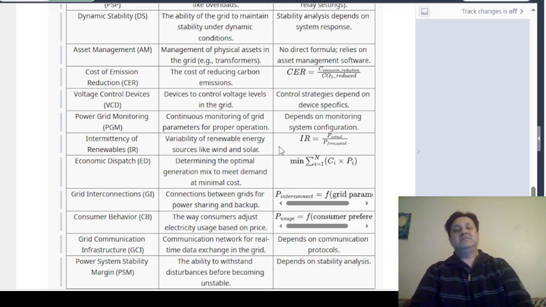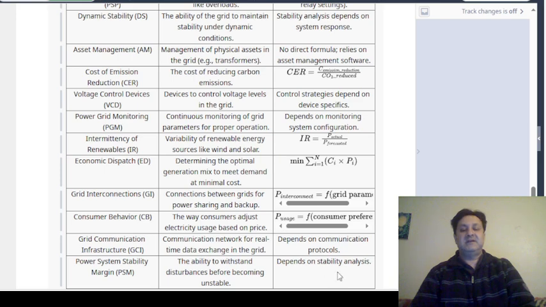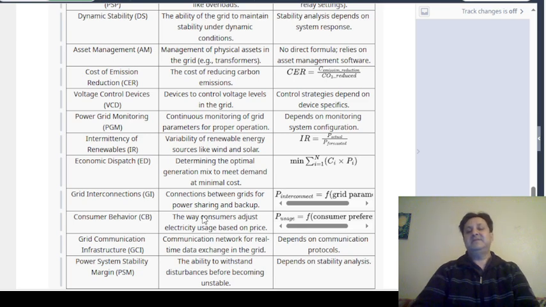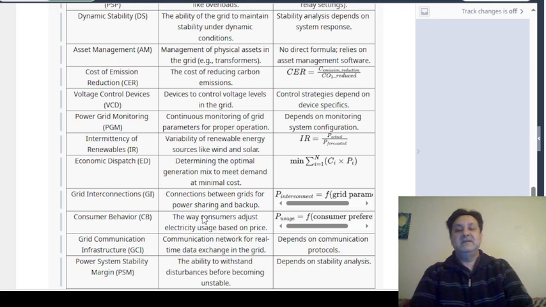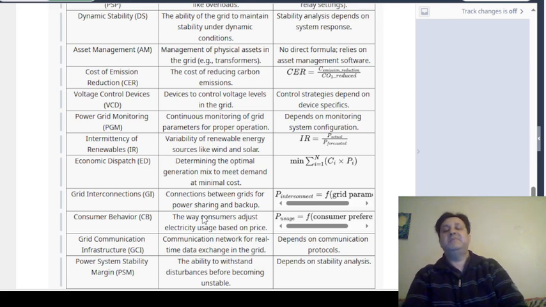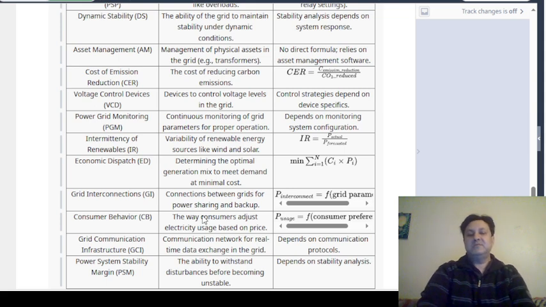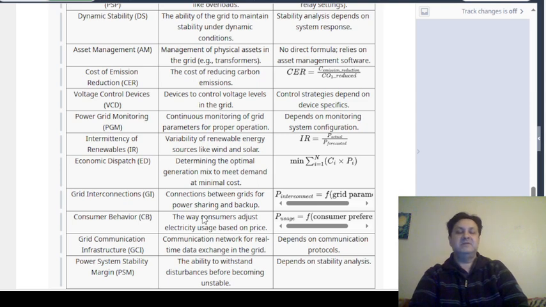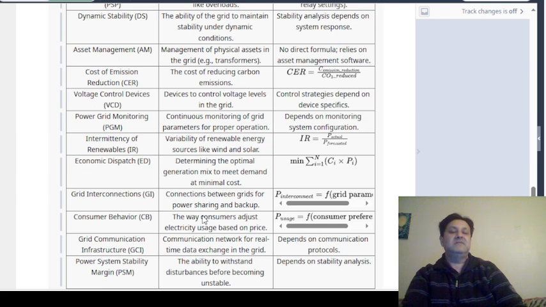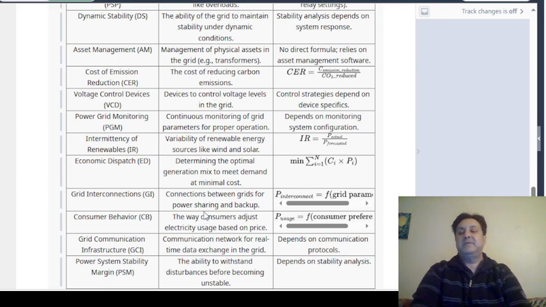And then the voltage control devices, these VCDs, are also very important, and we have to deal with all of these as well. The voltage control devices are devices to control voltage levels in the grid. The control strategies depend upon device specifics: what specification you have, what is required, how to control, where to control, what to control. Power grid monitoring is again a continuous process, continuous monitoring of grid parameters for proper operation.